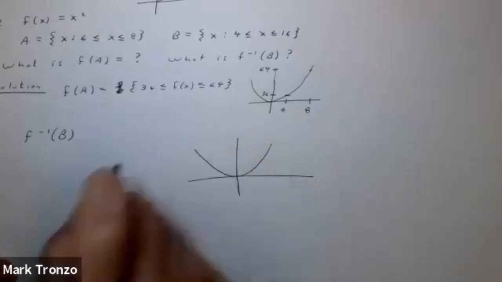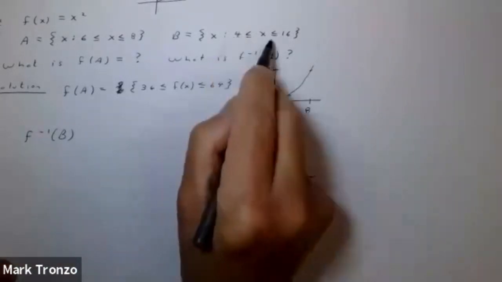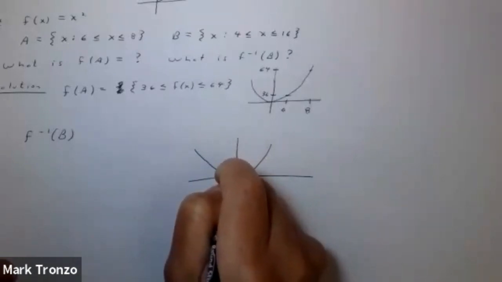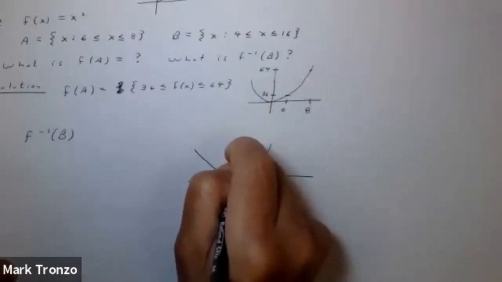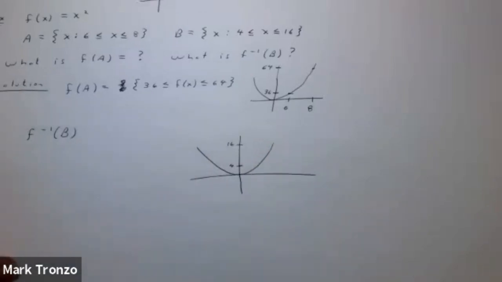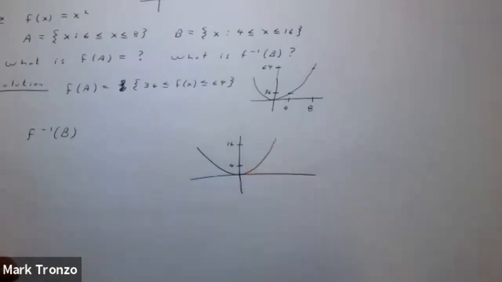Once again, this is the inverse image, so we're working over here, and B is going to be from 4 to 16. The question is, where did these come from on the x-axis?